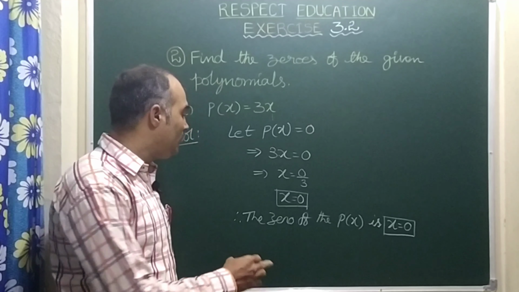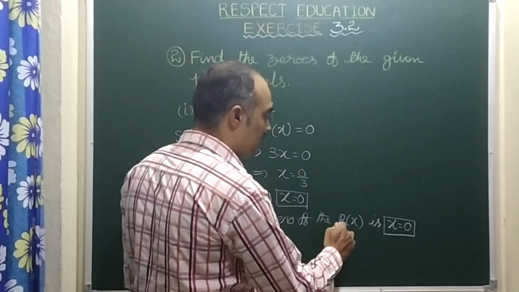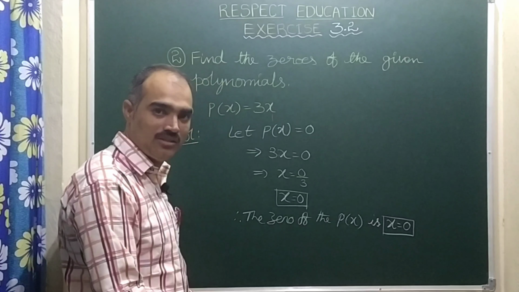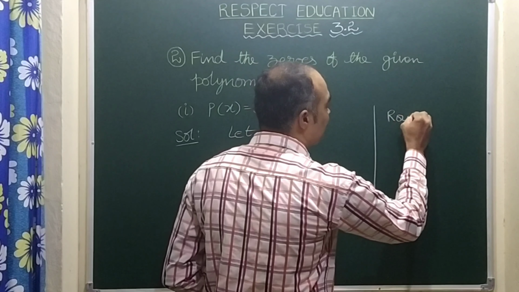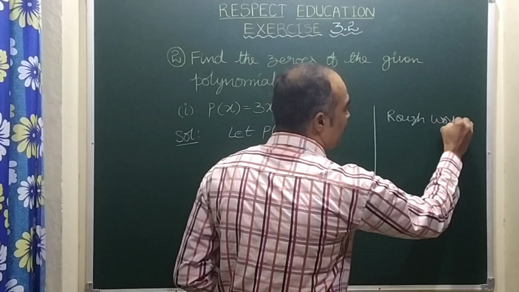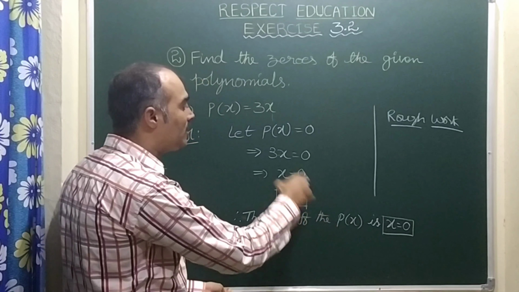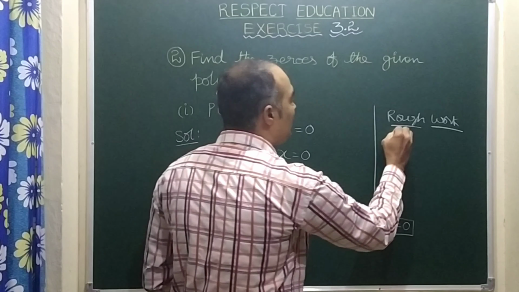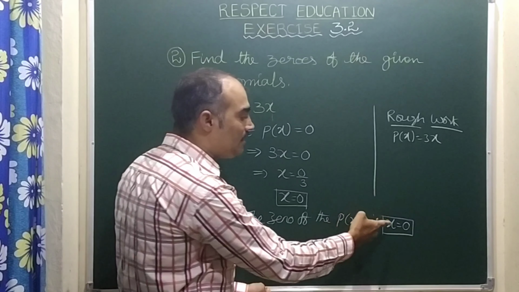Okay, here I would like to give you a small confirmation, children. How is this x equal to 0 a 0 for this p of x? It's very simple. You can check whether x equal to 0 is a 0 for the p of x or not. Given p of x equal to 3x, let us substitute 0 in place of x.